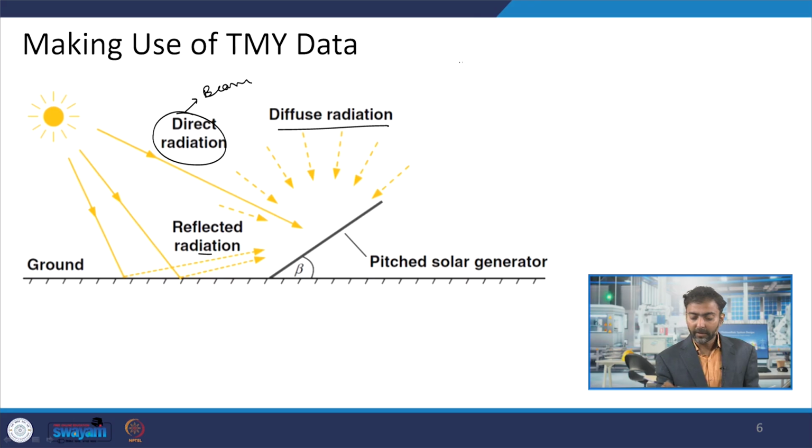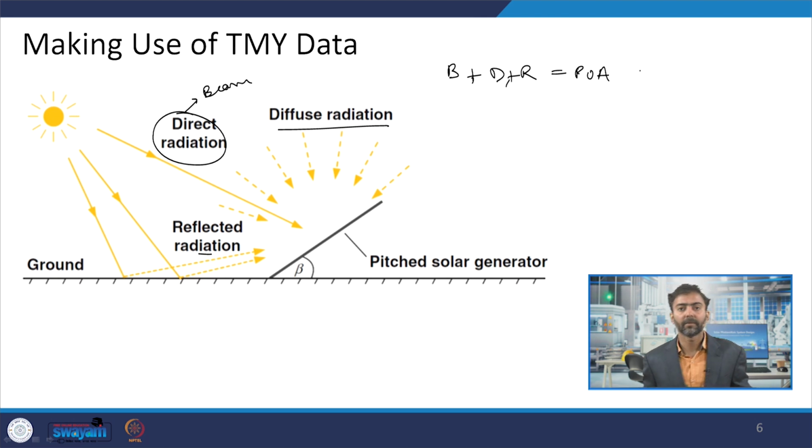So, we want to estimate all these three, B, D and R, as we call them in short. B plus D plus R will be equal to the plane of array radiation. Now, as we said, these are transposition models, so they help us estimate and quantify the plane of array radiation.